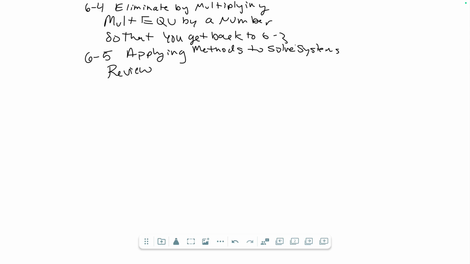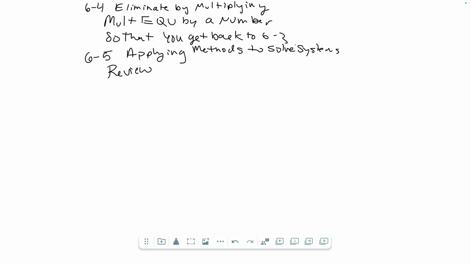On your test on Friday, what will happen is there will be some problems where I will tell you how I want you to solve it. But then there are going to be some problems where you will get to pick how to solve it. Okay. I want to see how you add, subtract, or multiply to eliminate. I want to see how you substitute. Other problems, I want to see what you are choosing.